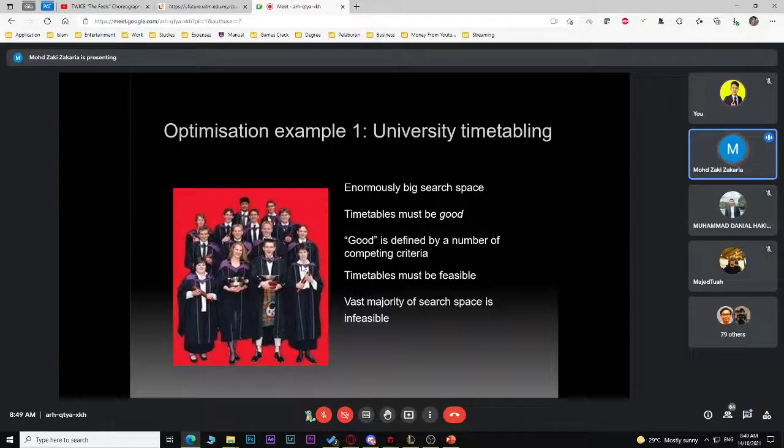Enormously big search space. Why do we put here big search space? What does it mean? Search space. I'll give you one example.